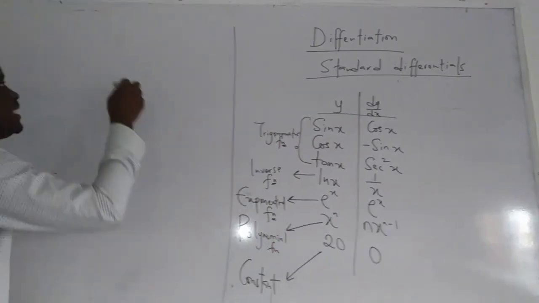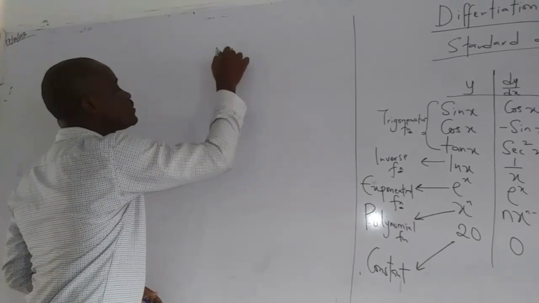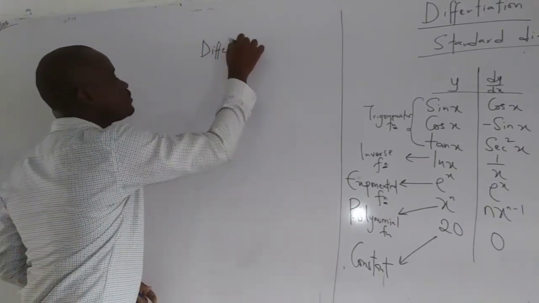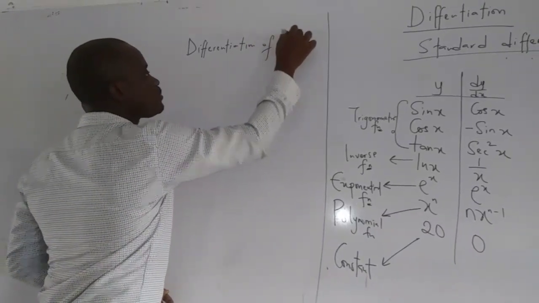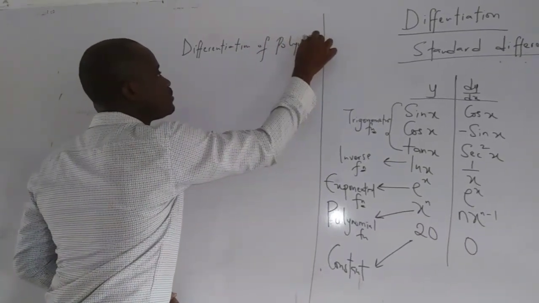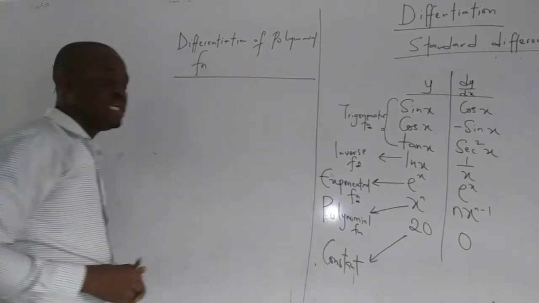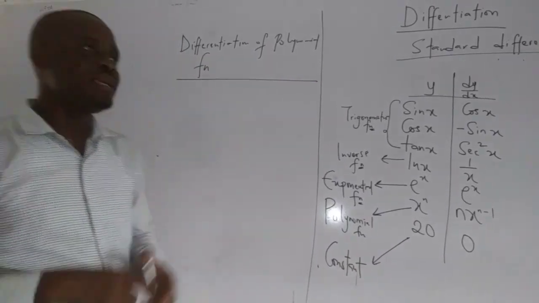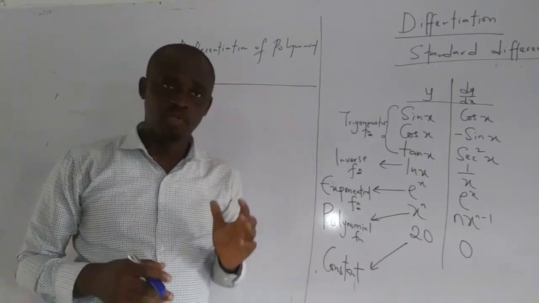Now, this will be my next subtopic, differentiation of polynomial functions. Now, what exactly is a polynomial function? A polynomial function is a function that can be added, subtracted, and it can as well be what? Divided. That's a polynomial function.